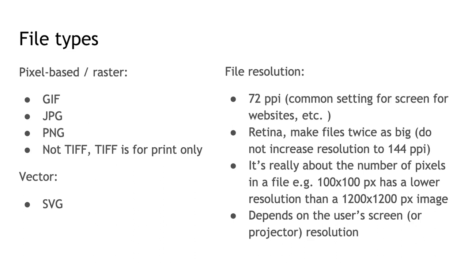So if you have an image that's, say, 1200 by 1200, looking at an older screen at 72 ppi, it will show up fine. But when you look at it on a Retina screen, you need to basically halve the size of it. So put that 1200 by 1200 pixel image into a 600 by 600 pixel space. The pixels will become more dense, and it'll look really sharp on the Retina screen.